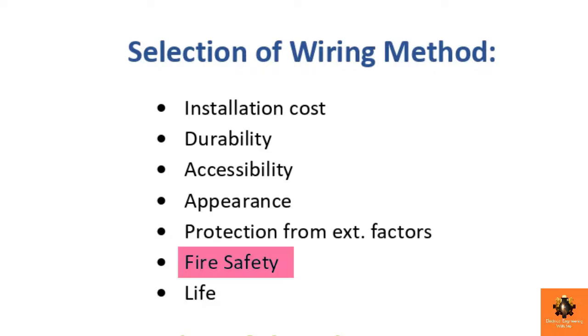Next we have a very important factor that should be considered in every method: you must select the wiring method that has the least chance of fire. So this is the most important factor. Then life, which means select the method that has a long life. Last is accessibility. It means that the method should be selected which is easy to repair or easy to extend if required in future.